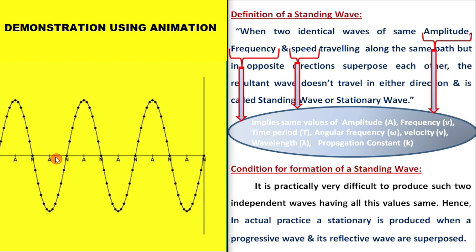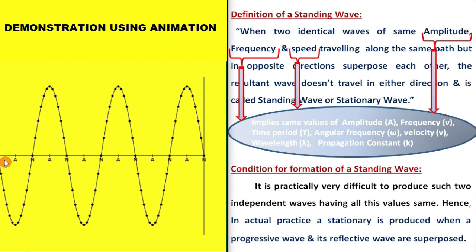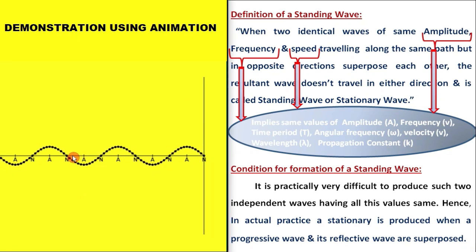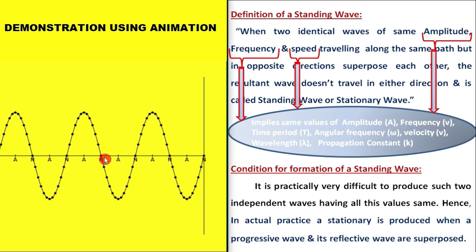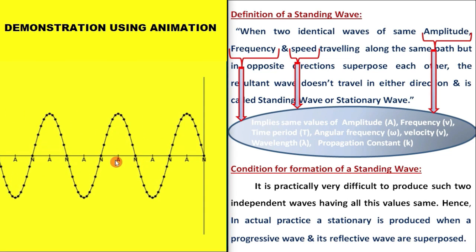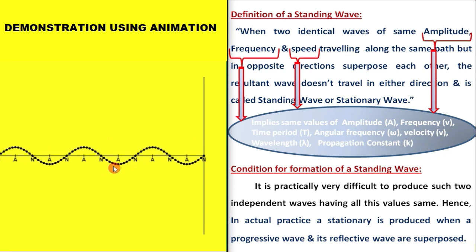Also you can see the distance between them. It is very clear that they are going to be equidistant. Two node distance here is this much, here is this much, here is this much. The distance between two consecutive nodes, or two consecutive antinodes, or a node and an antinode, is constant here.